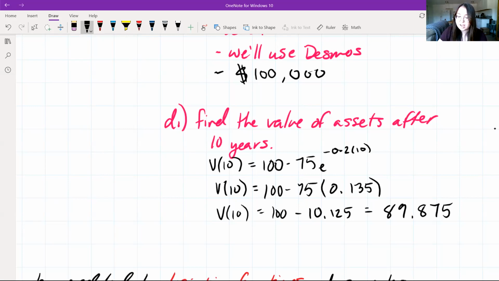So that's going to be our value of assets after 10 years. And since this is in thousands, we know that this is equal to $89,875 after 10 years.